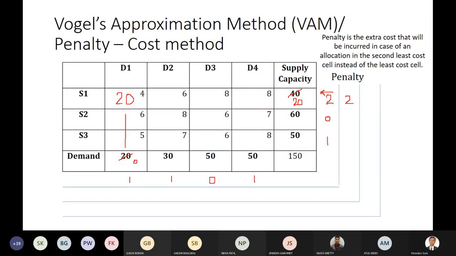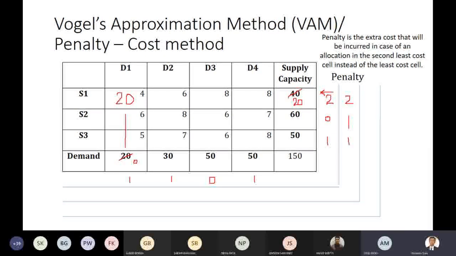What about the second row? What is my penalty? It would be 1, 6 and 7. What about my third row? 1. Very good.